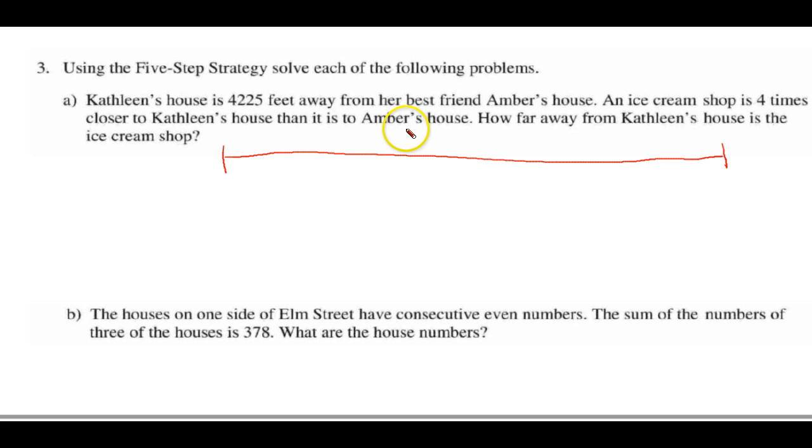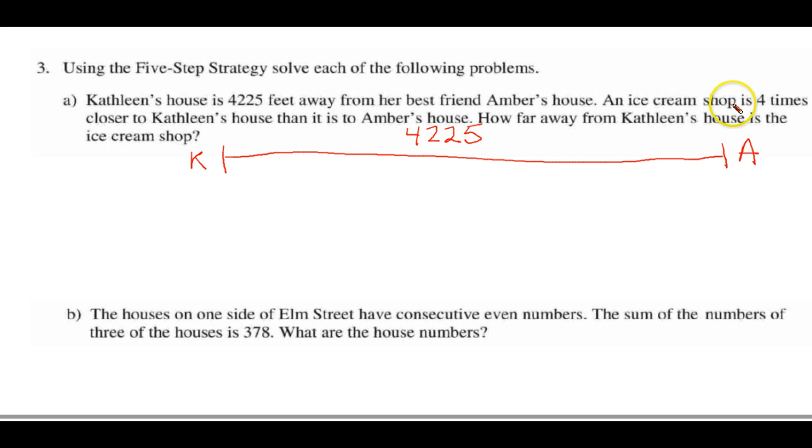And this total distance is 4225. Now there's an ice cream shop 4 times closer to Kathleen's house than to Amber's house. So let's put a K on one side and an A on the other side.